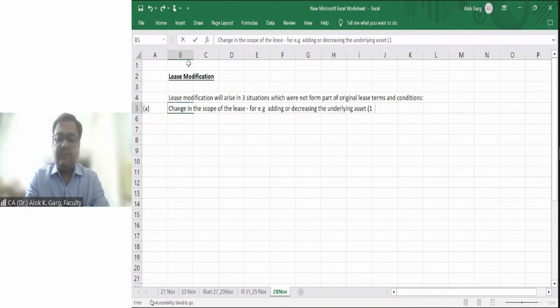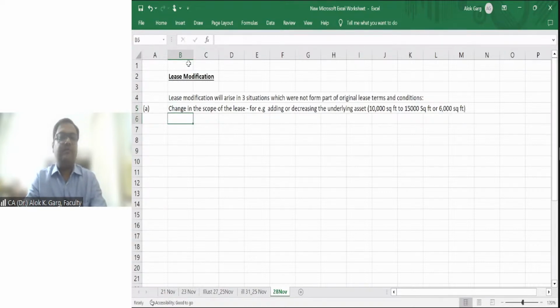Let's say 10,000 square feet to 15,000 square feet, or let's say 6,000 square feet, right? This is meant by scope.